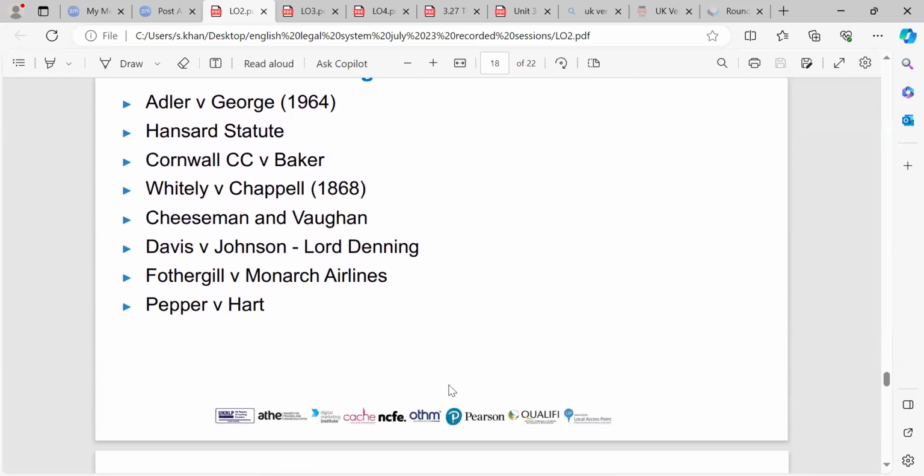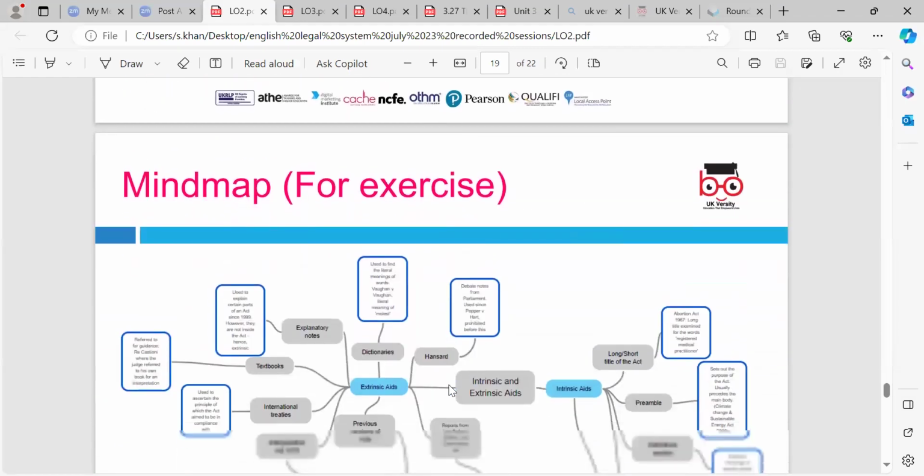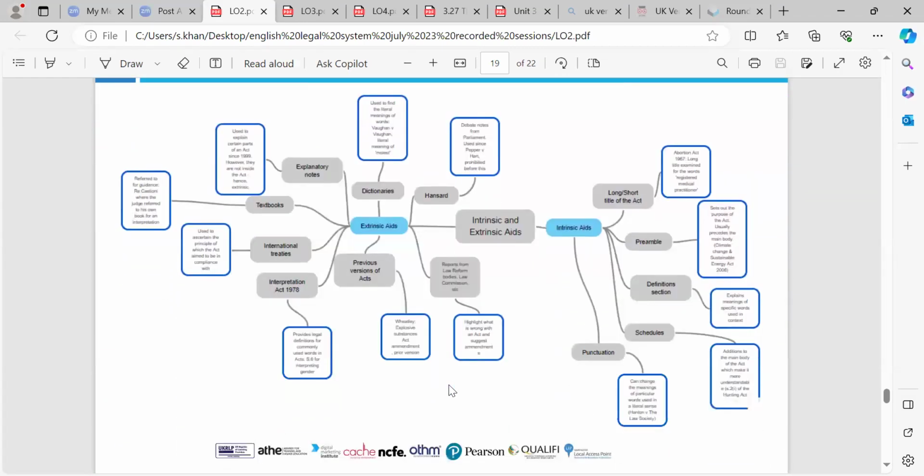There were some cases to research for you, and then we had a mind map which identified what intrinsic aids are and what extrinsic aids are. So intrinsic aids: long and short title of the Act, so it could be the Abortion Act, a preamble, and then the definitions, sections, schedules, and the punctuation.